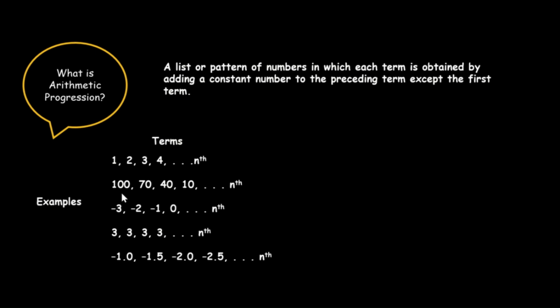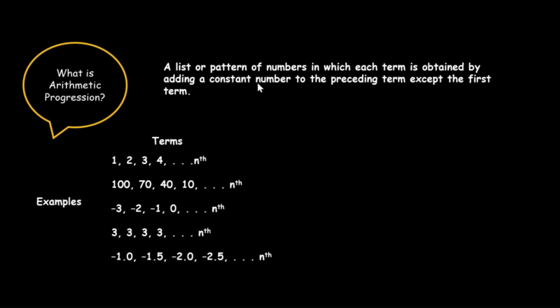And in this example, 100 is a term, 70 is a term, 40 is a term, 10 is a term, and so on up to n terms. And here are the other examples. So each number is a term of that arithmetic progression. Of course, 1 is the first term in this example, 100 is the first term in this example, and -3, 3, and -1 are the first terms in these respective examples.